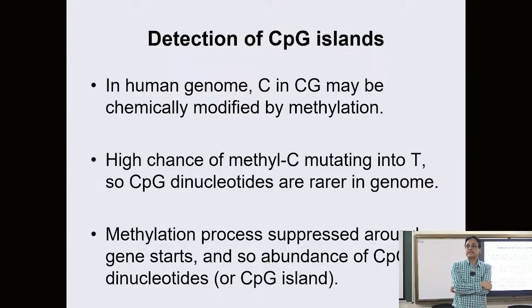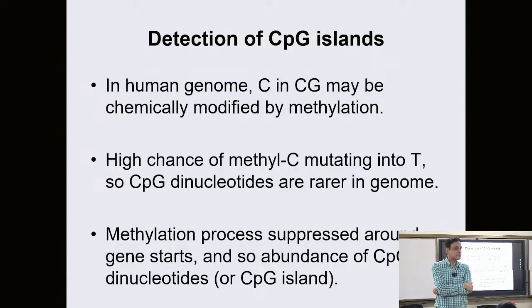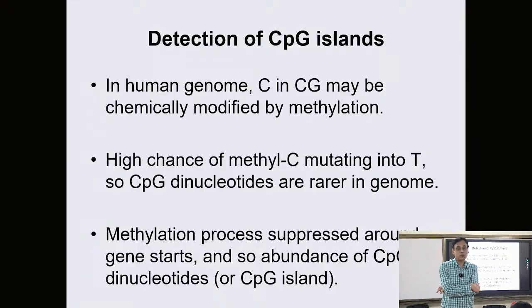And because of this reason, the CG dinucleotide is rarer in the human genome. However, near the start of the genes, the methylation is suppressed, and because of that, there is a relatively higher abundance of CG near the start of the genes.